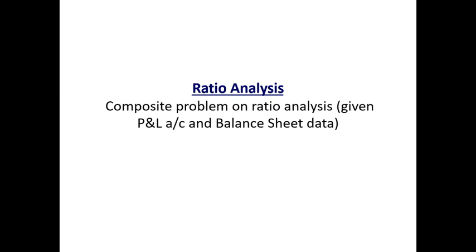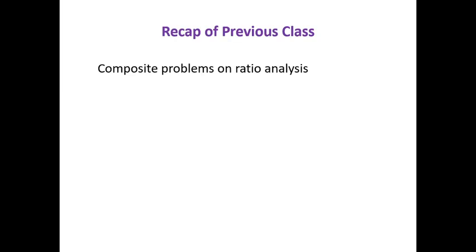In this session, we are going to solve the problem on ratio analysis when profit and loss account and balance sheet is given in the problem. In the previous class also, we have solved one problem on ratio analysis when profit and loss account and balance sheet information was given.